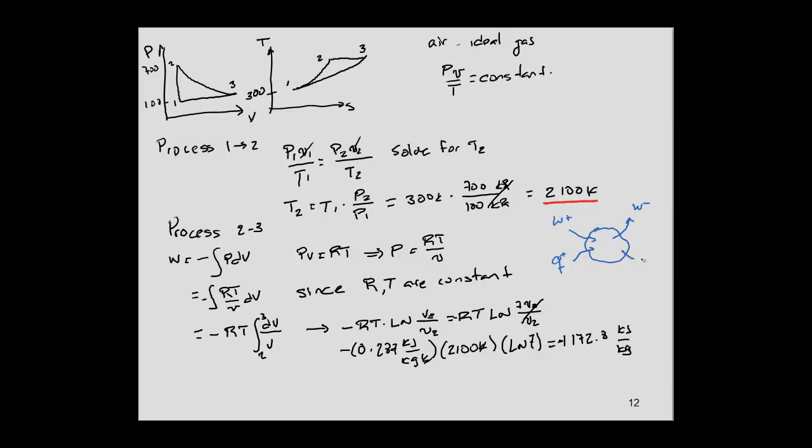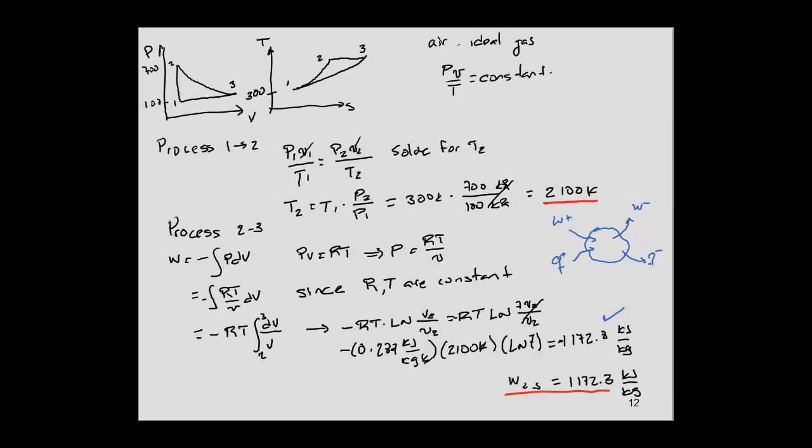Anything that goes out is negative. So this just confirms that we have our work going out. But we know that the work and heat doesn't have any sign, so we have work 2 to 3 equals 1172.8 kilojoules per kilogram. This is an important result, so we are just gonna underline it.